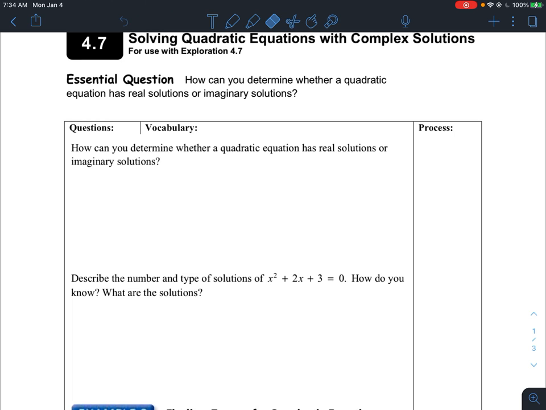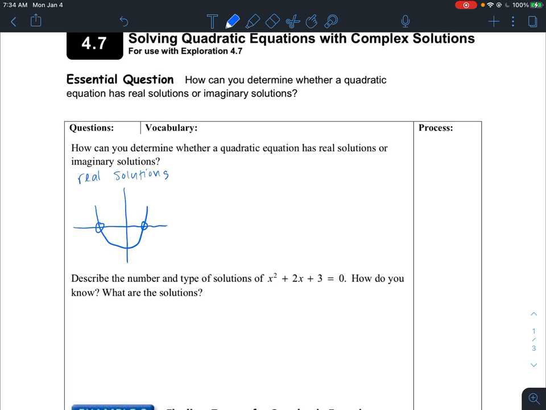Now, how can you determine whether a quadratic equation has real solutions or imaginary solutions? We talked about this last time, but a quadratic equation will have real solutions when the quadratic function crosses the x-axis.